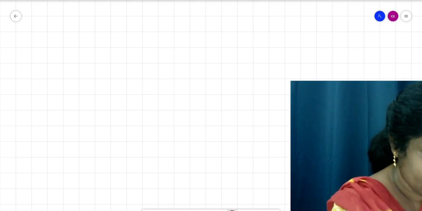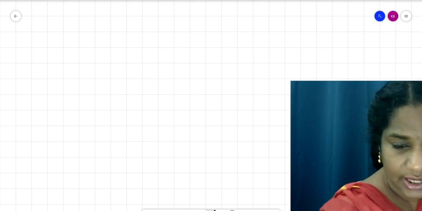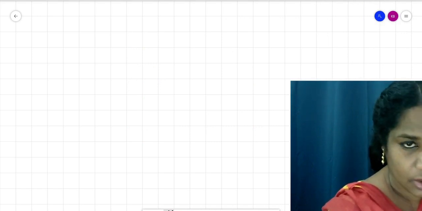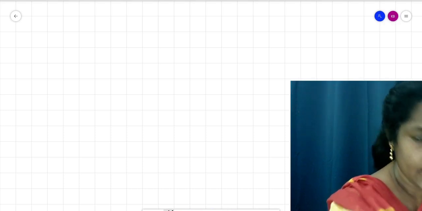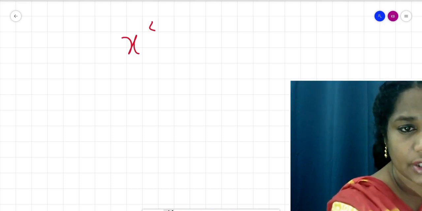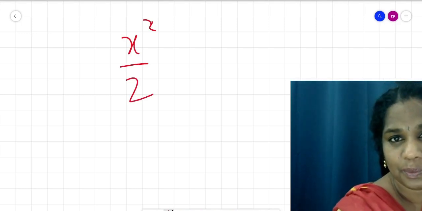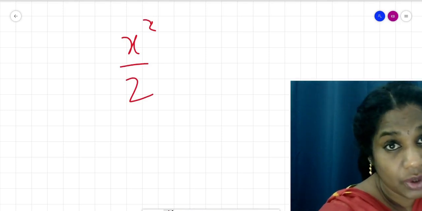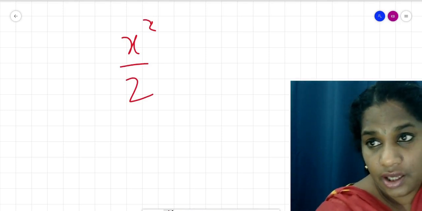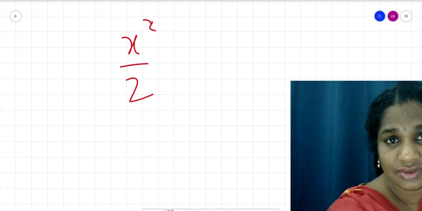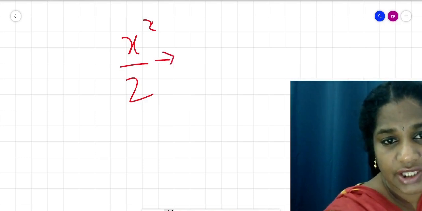Now, is there anything else? Is there anything else, guys? Coefficient, you are clear. Can you tell me what is the coefficient of this one? Put your thinking cap. Don't say it is 2. Anybody saying 2? How do we find coefficient?